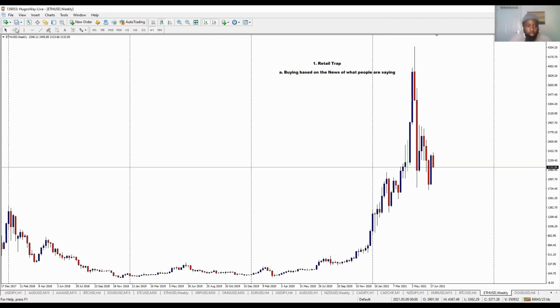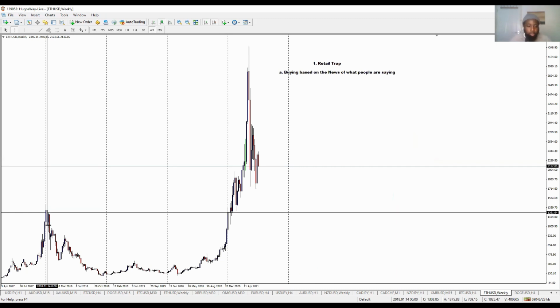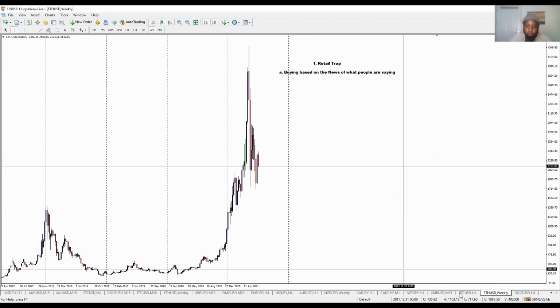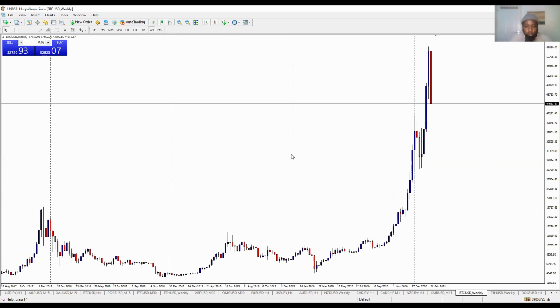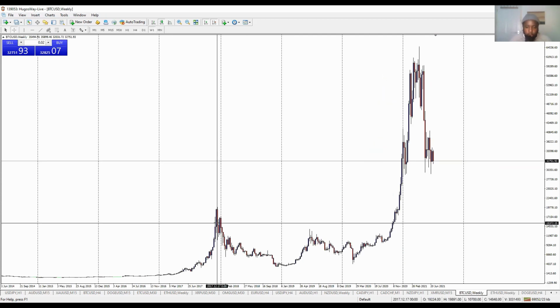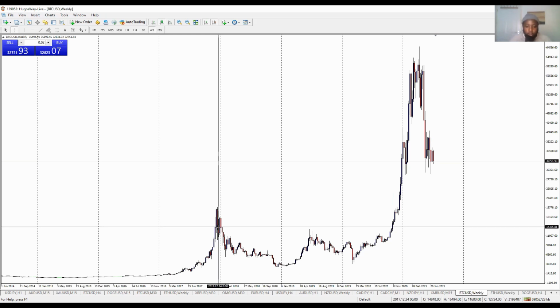So, for example, if we go to 2008, at this highest point here, if you can see this, at this period of time, especially for things like Bitcoin, and I'll pull up Bitcoin here for you to see the same thing. Next time I'm going to make sure to pull up the articles from that period of time. But during this period and this last spike here, this is the time where everybody was saying buy Bitcoin.